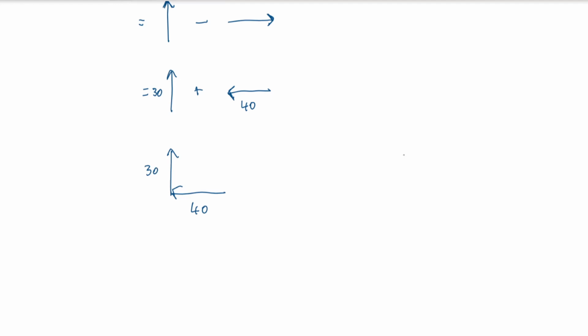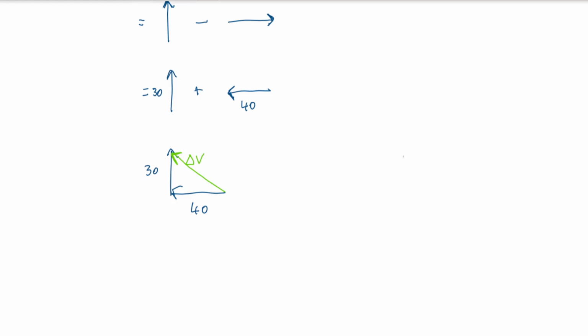And the result of that would be tail of the first vector to head of the second. So that green arrow is our change in velocity, delta V. And we know to find the magnitude, we have a right angled triangle.